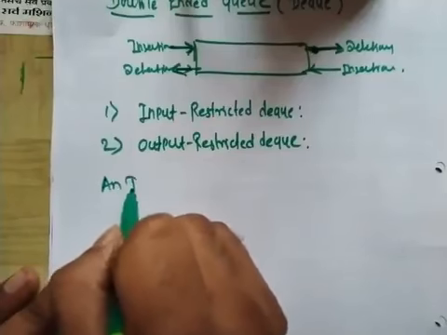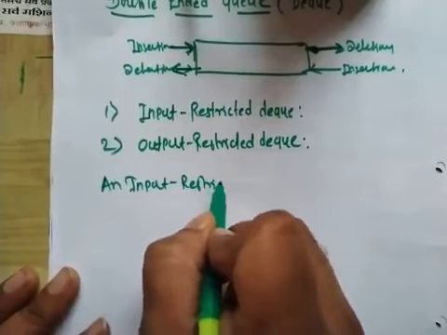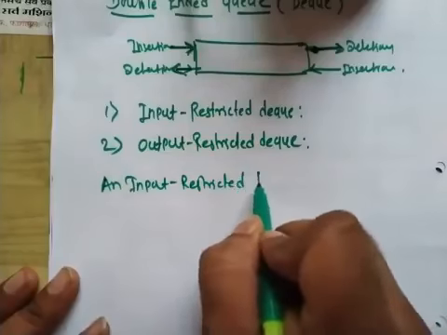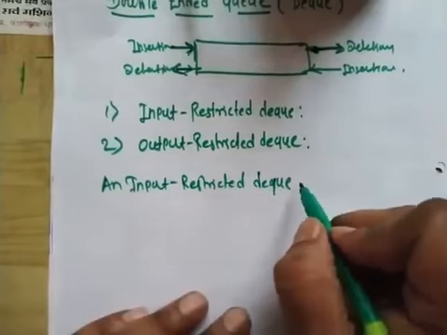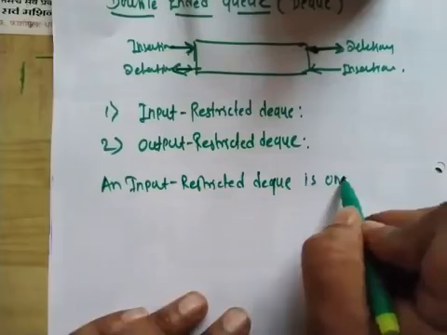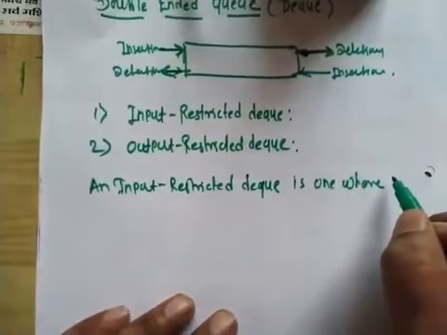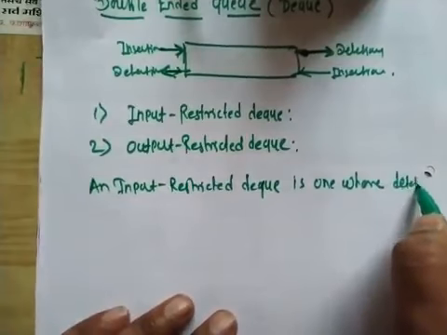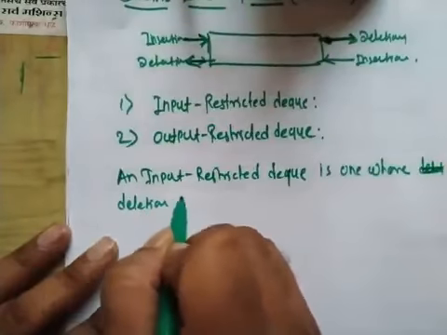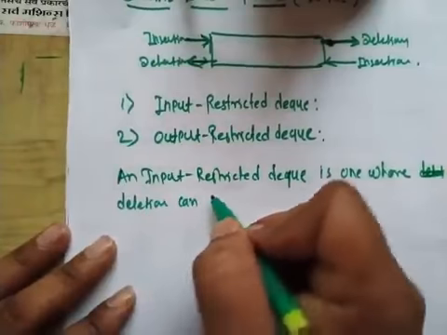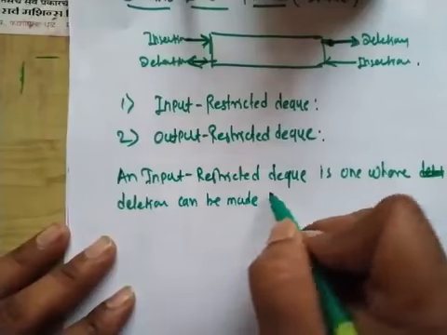An input restricted DQ is one where deletion can be made from both ends.